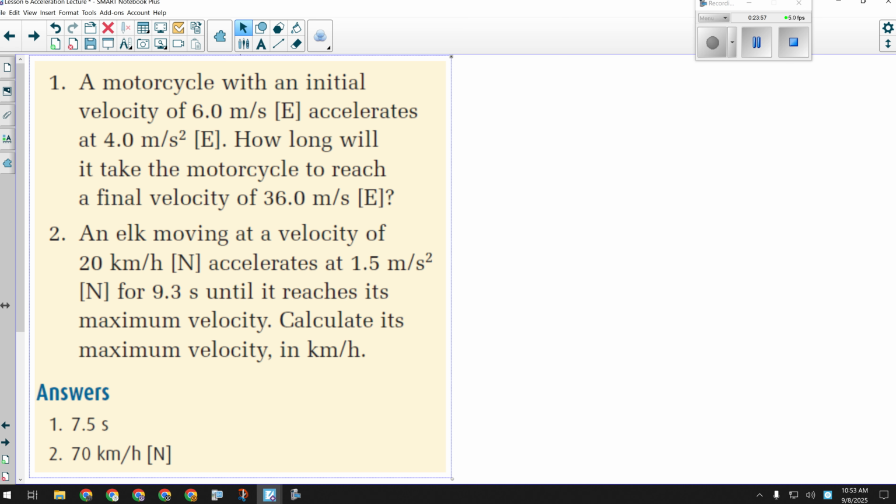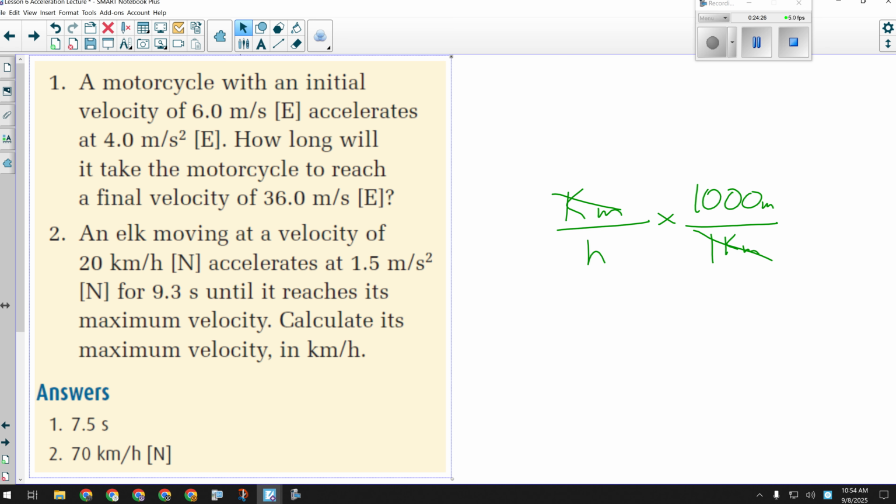Or you could do this. I'll show you a little shortcut. If I want to convert kilometers per hour to meters per second, I would first multiply the kilometers by 1,000. There's 1,000 meters in 1 kilometer. If I do that, kilometers will cancel off.